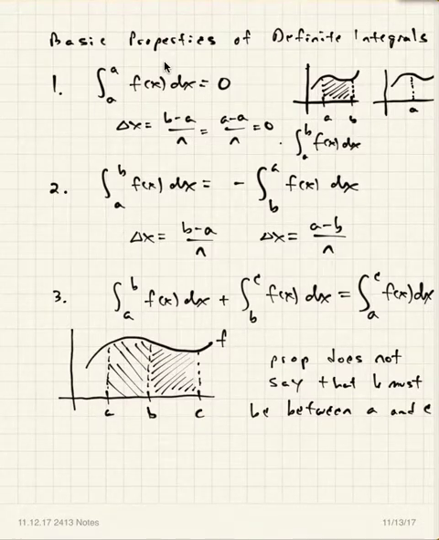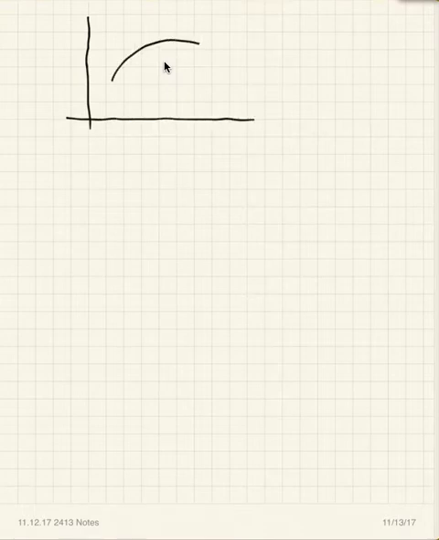So what if b was not between a and c? Let's say here's your function f, here's a, and here's c, but b, notice, is out over here. So b is not between them.